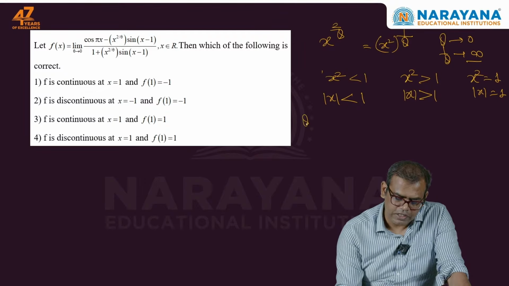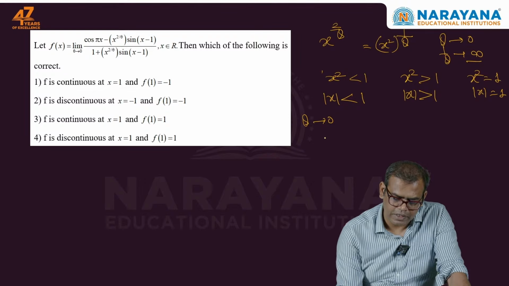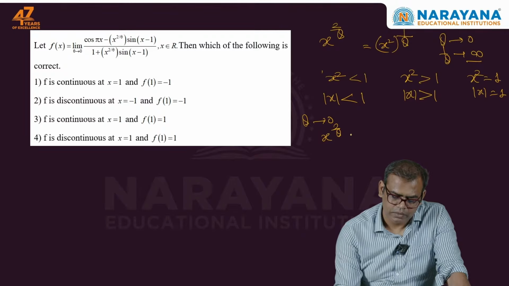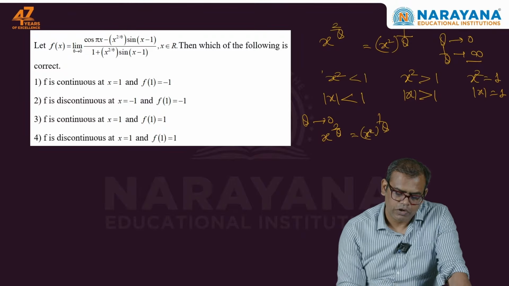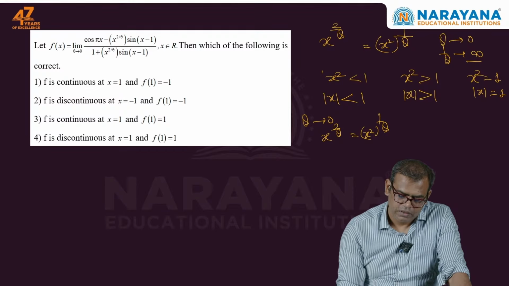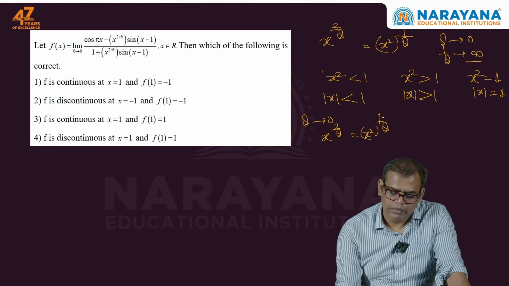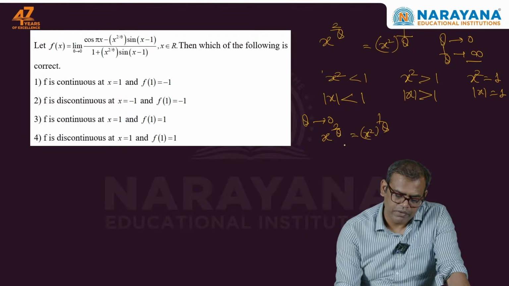If theta approaches 0, then x to the power 2 by theta, means x square whole to the power 1 by theta. What will happen in that case? Theta approaches 0, then 1 by theta approaches infinity, so that will become 0.